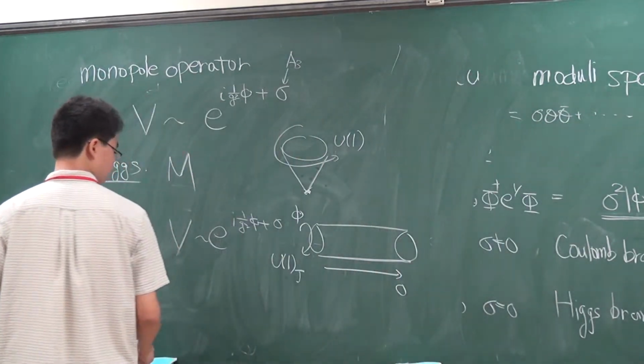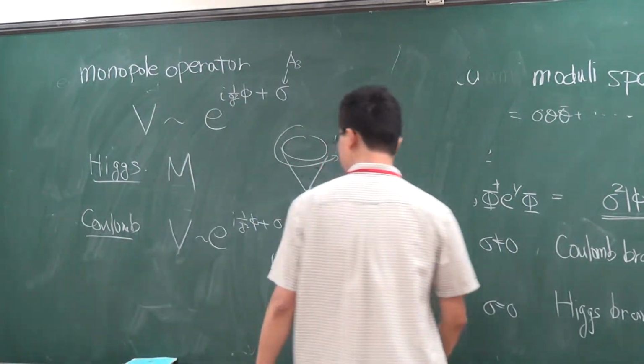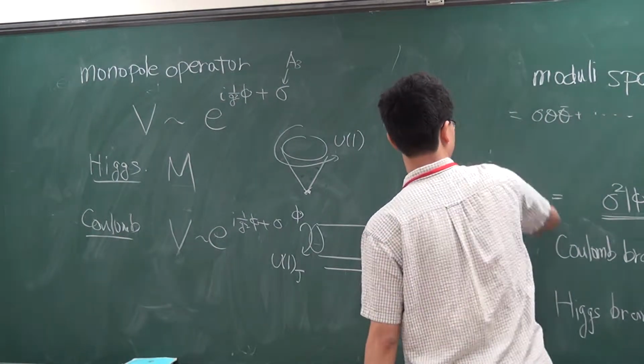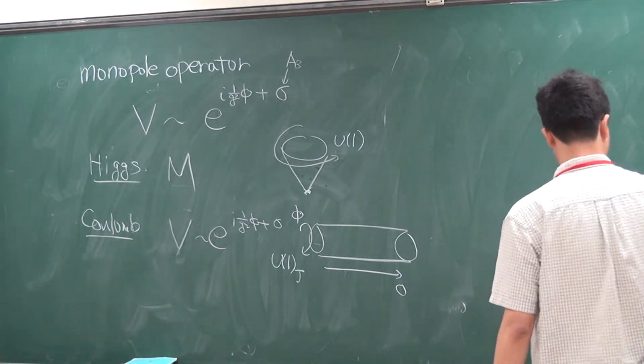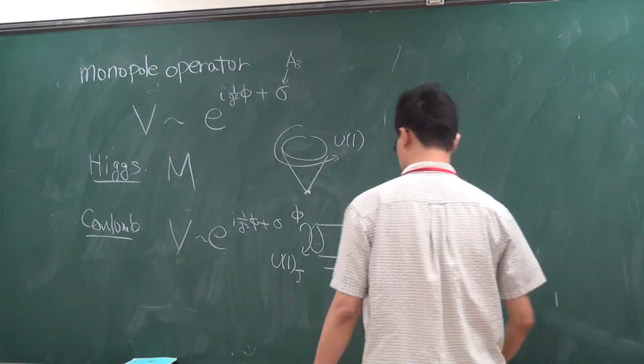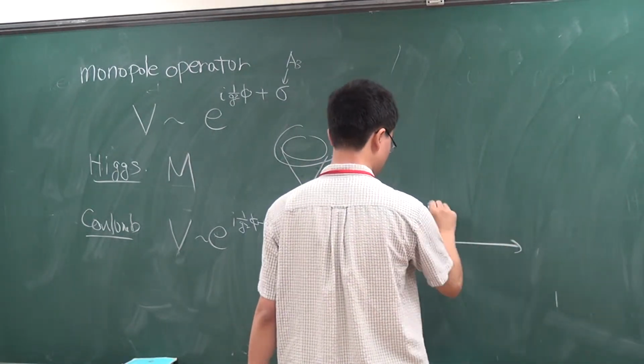And it's known that there is a quantum correction to the Coulomb branch, which you can compute in an Abelian case with a one-loop computation.